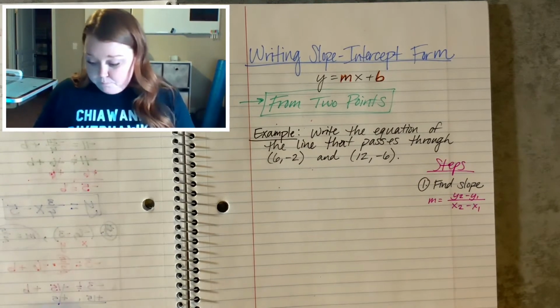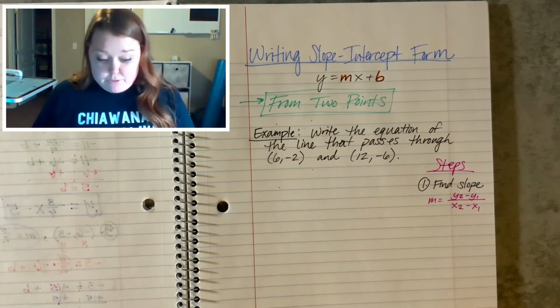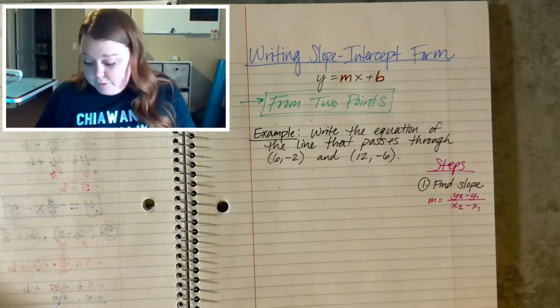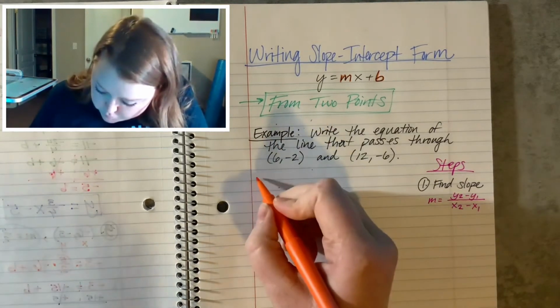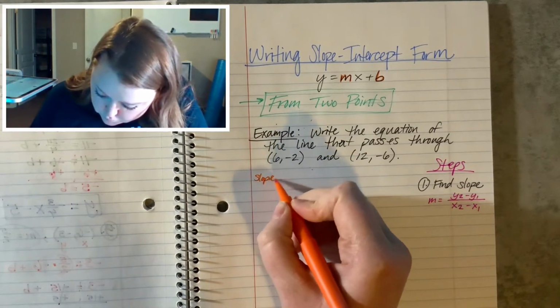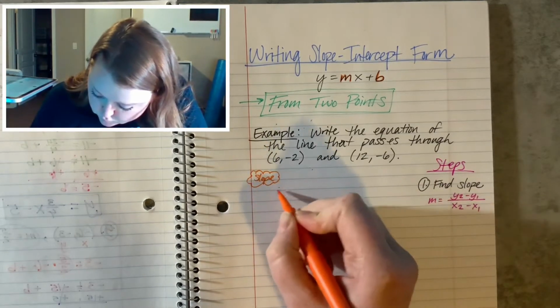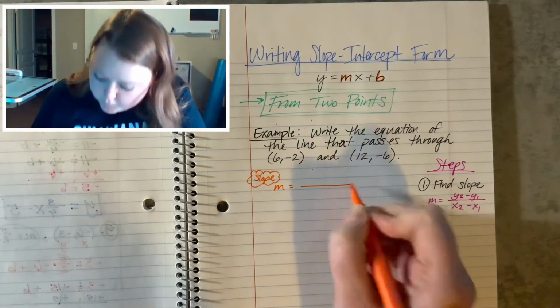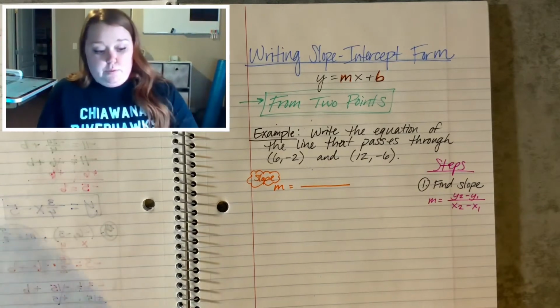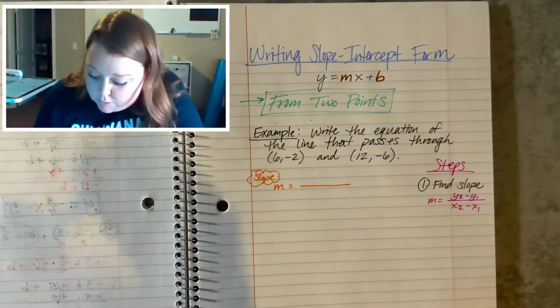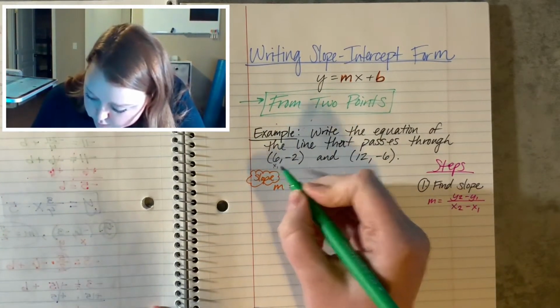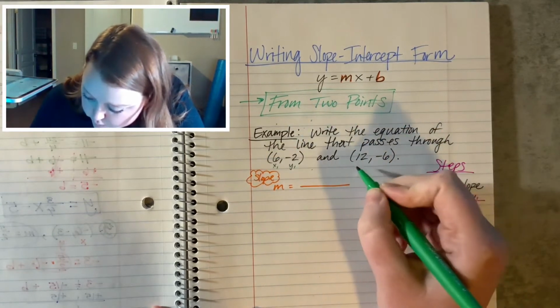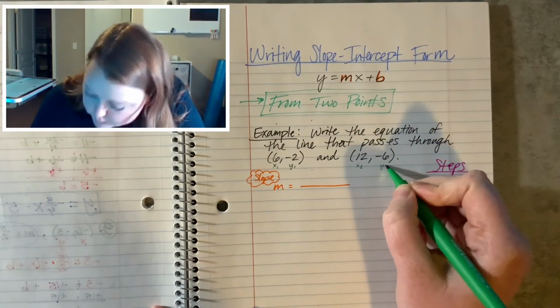So step 1 is find slope. Let's go ahead and do that. If you need to set up your little x1, x2, you can totally do that. So here's x1, here's y1, here's x2, here's y2.